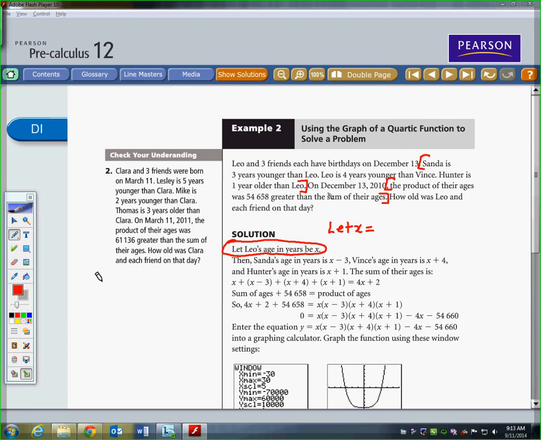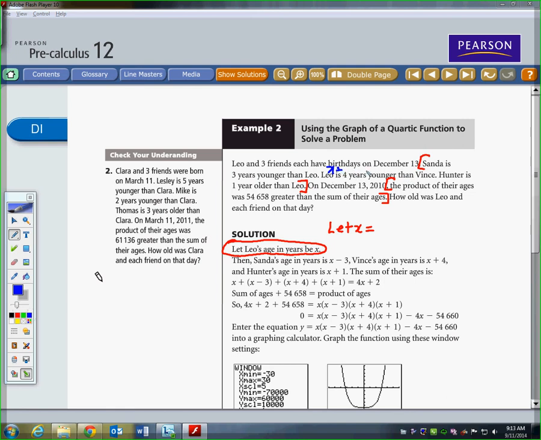So you're going to multiply Leo's age, which is x, and then Sanda's age. I don't know why it's not Sandra. Sanda's age. So Sanda is 3 years younger than Leo. So Sanda's age is x minus 3. Leo is 4 years younger than Vince. So just the way I would translate that into math, Leo is x equals 4 years younger than Vince.